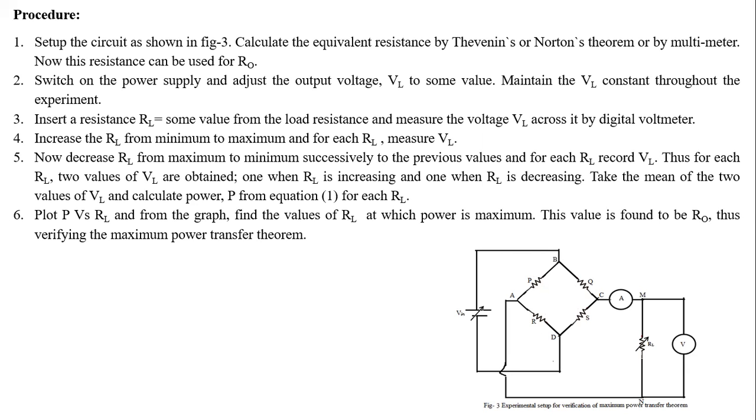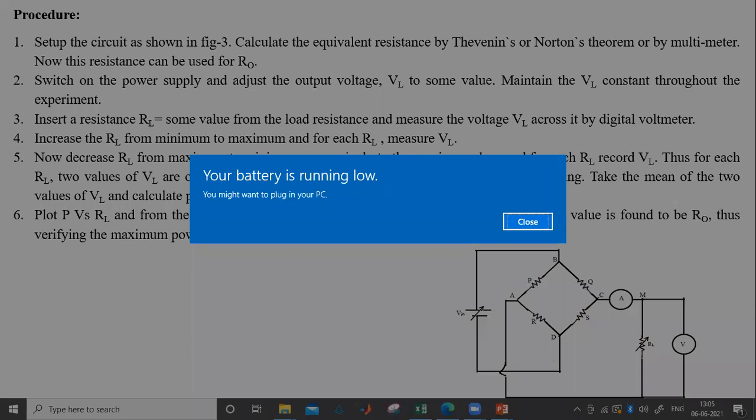Now we'll increase the load from minimum to maximum, and then again from maximum to minimum. So for each resistance value we'll get 2 voltage and 2 current values.